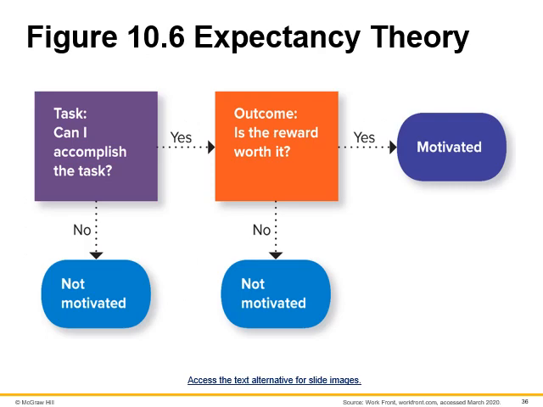Here's another table that's also located in page 256 of your text. It really just goes over the expectancy theory. One, on the task, can you accomplish the task? If yes, you go forward and think about the outcome, which is the reward, and is the reward going to be worth it? If yes, the employee is likely to be motivated.